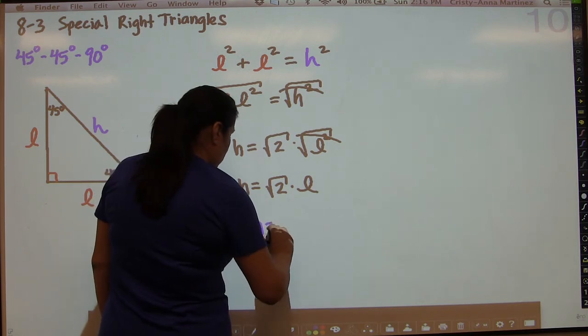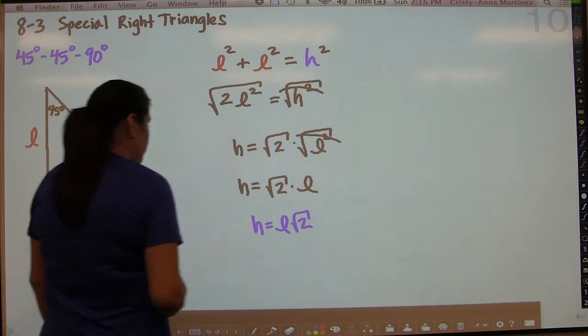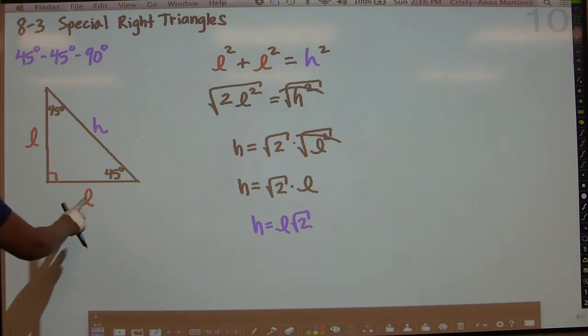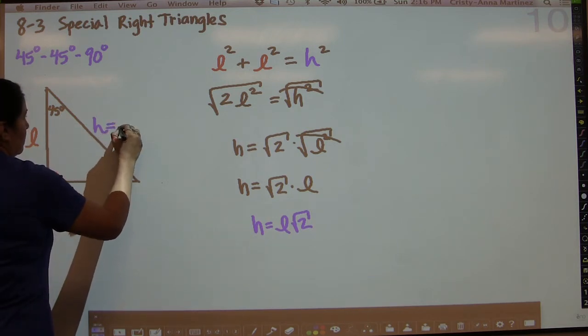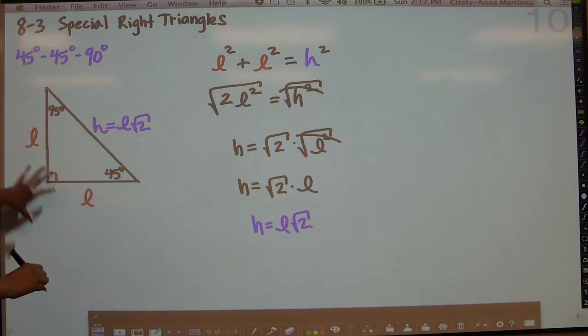So there is a relationship that is specific to a 45, 45, 90 as far as the lengths of the sides are concerned. And that relationship is that you have L, L, and L root 2. This relationship will always happen when you have a 45, 45, 90.